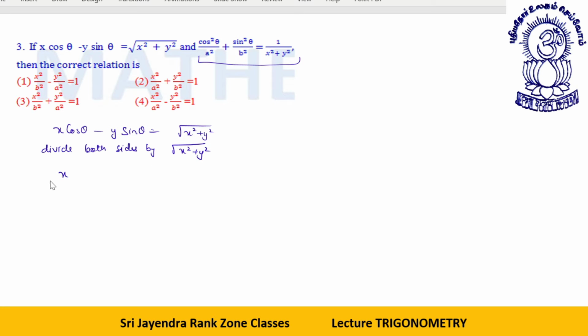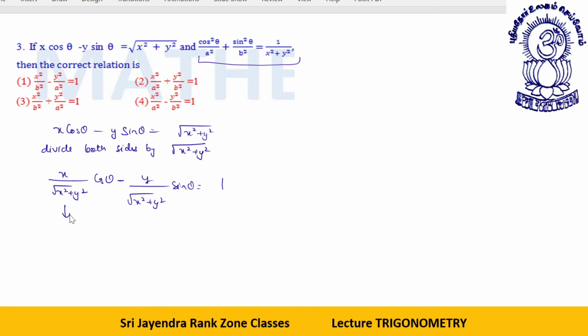So you get x upon under root x square plus y square cos theta minus y upon under root x square plus y square sine theta is equal to 1. Okay. Now we have like this.